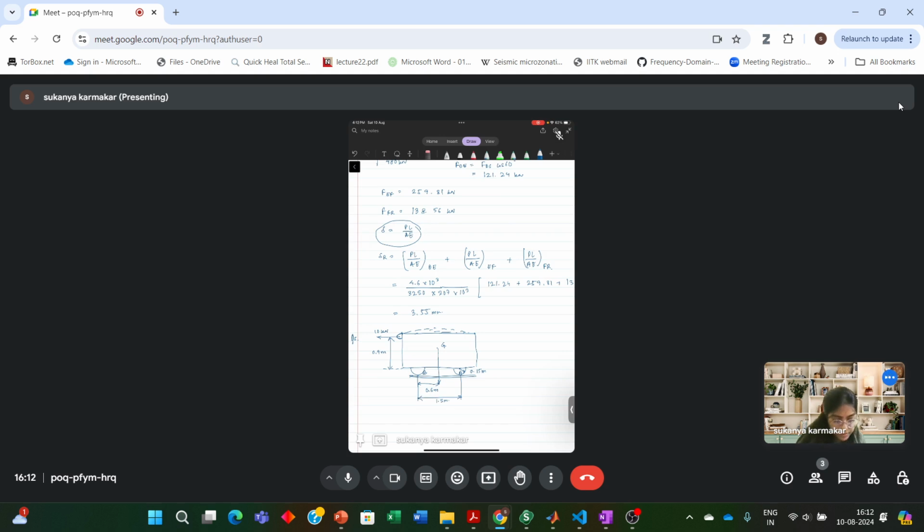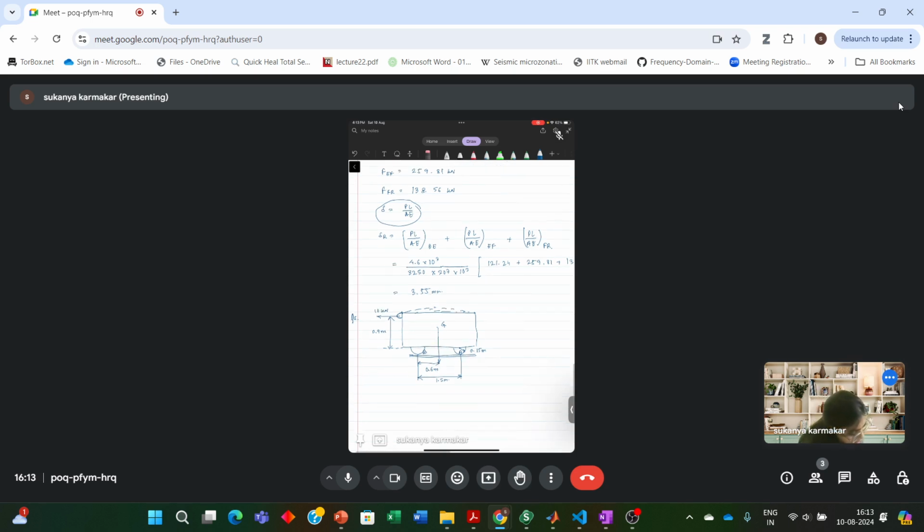And the question reads that this is a mine car and its contents have been shown, and it has a total mass of 6 Mg and a center of gravity, and this force acts at the center of gravity G. So G is the center of gravity, and the total mass is equal to 6 Mg.